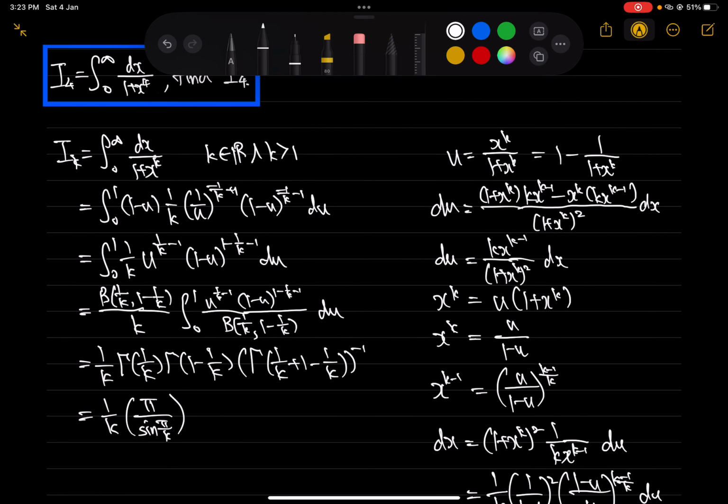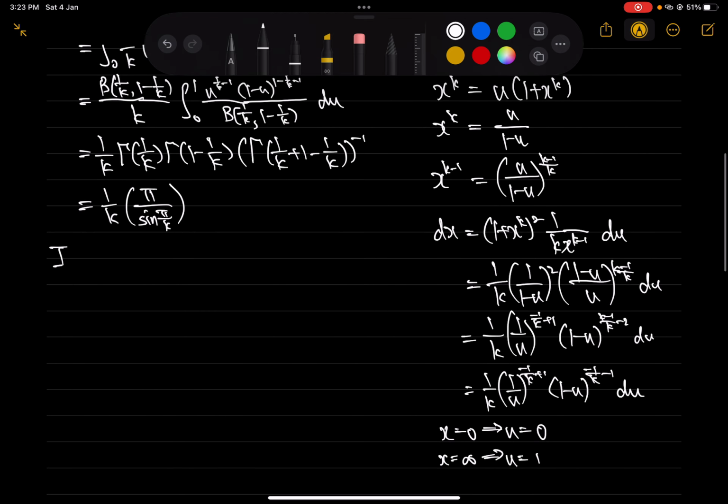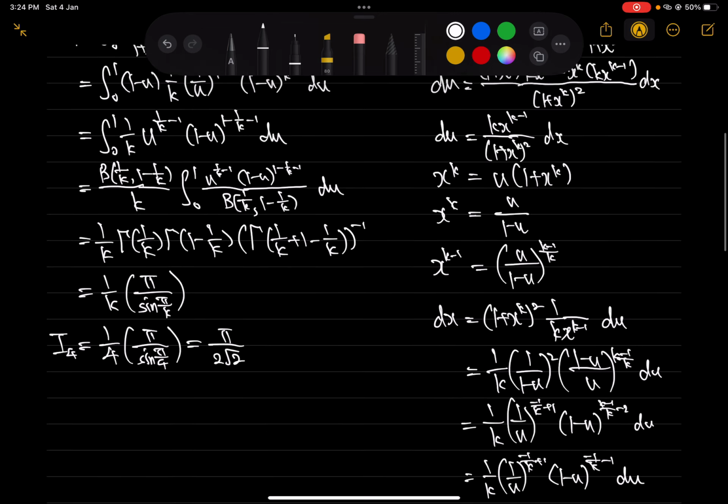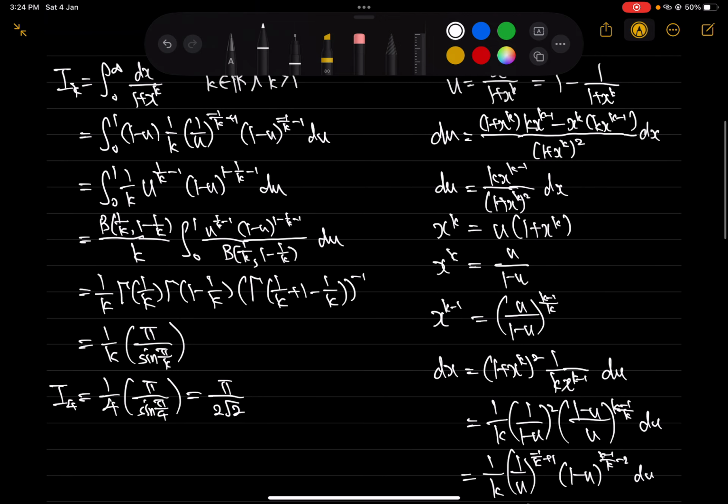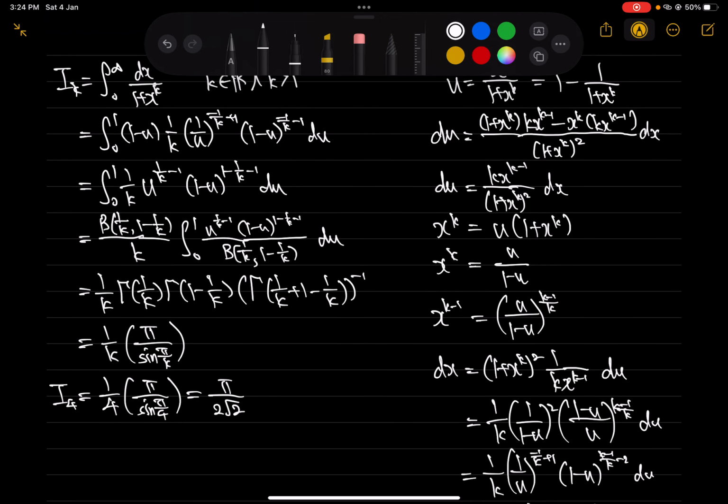So when we want to find I_4, it's really straightforward. We could just say this is 1 over 4 times pi over sine of pi over 4, and sine of pi over 4 is root 2 over 2, times 4 is just 2 root 2, so we could conclude that this is the case. And this is the easiest way out, because we could just use the beta distribution.